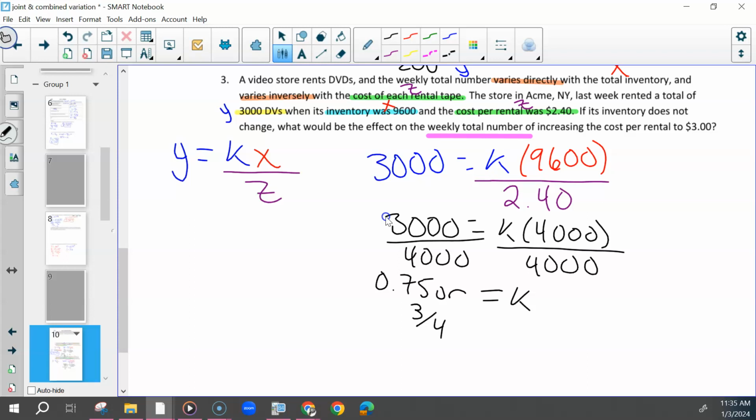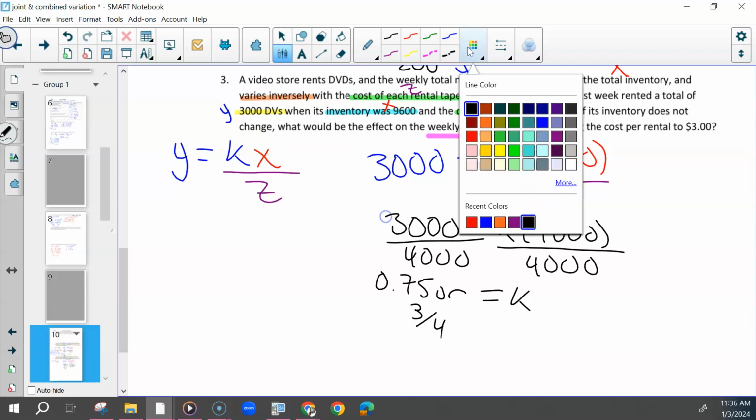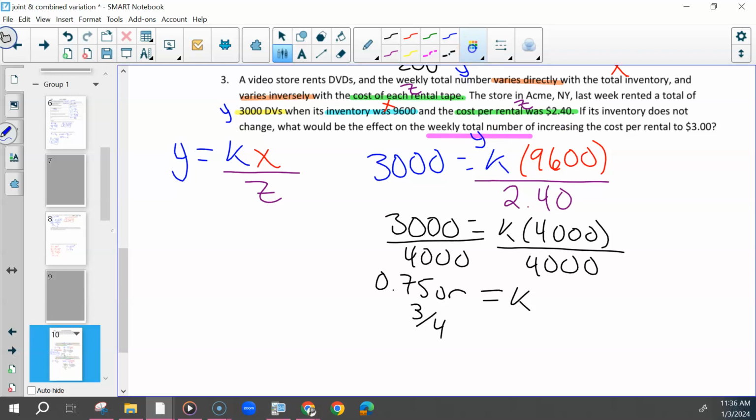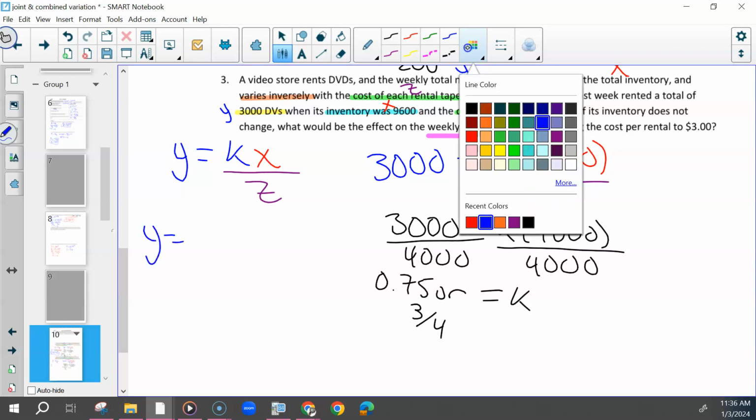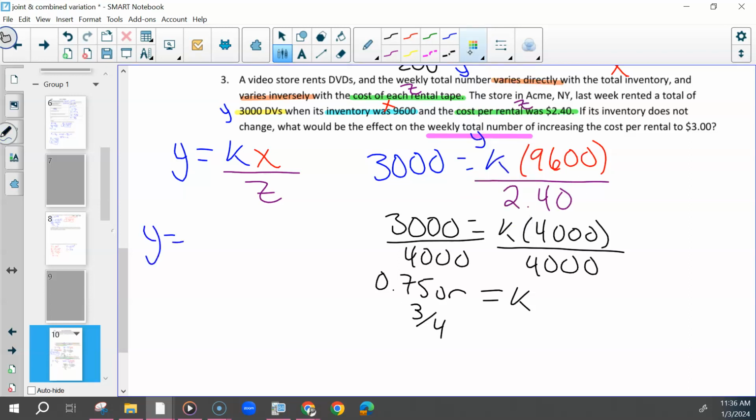Alright, so now in our last part, if the inventory does not change, that means whatever it was is going to be the same. We're looking for the weekly total, so we're looking for which variable? Y. And then we have the cost and it's going to change. So we're looking for Y. We know our K value is 0.75 or 3/4.